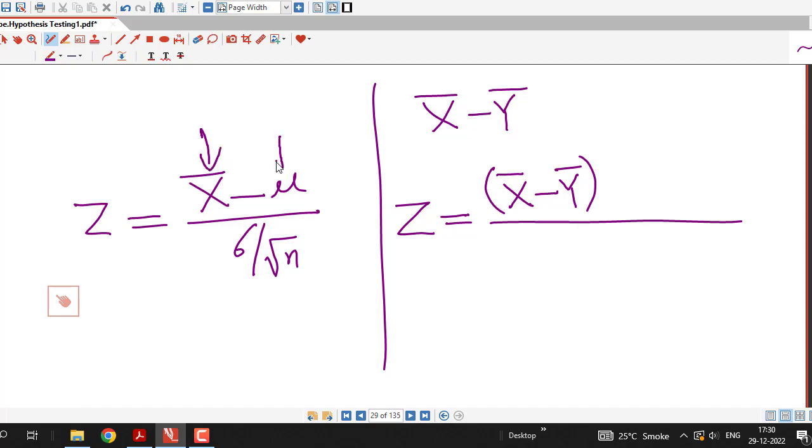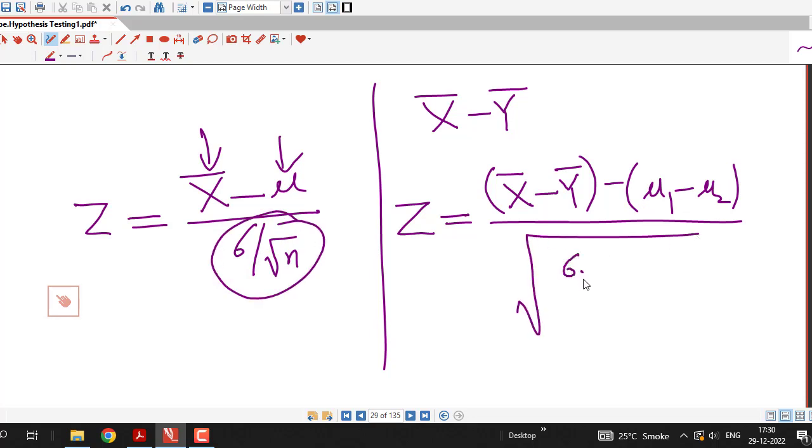Here mu is replaced by mu1 minus mu2. This quantity is replaced by sigma 1 square over n1 plus sigma 2 square over n2, and this is the two-sample Z test provided n1 and n2 both are greater than or equal to 30.